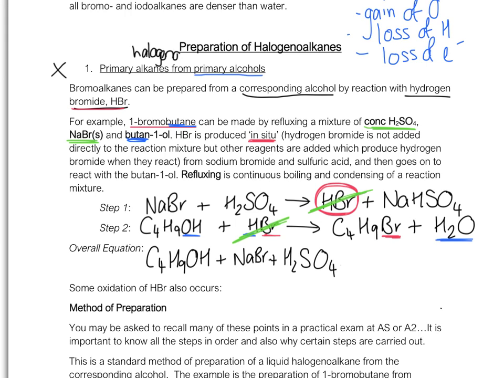and it forms bromine gas instead. And so we've got our hydrogen bromide, and it reacts with the concentrated sulfuric acid, which oxidizes the hydrogen bromide to bromine.